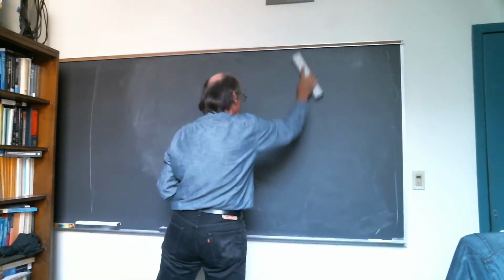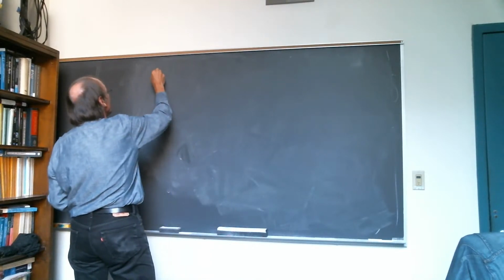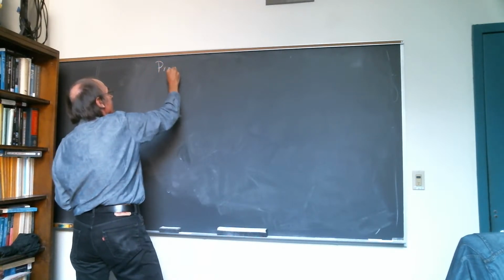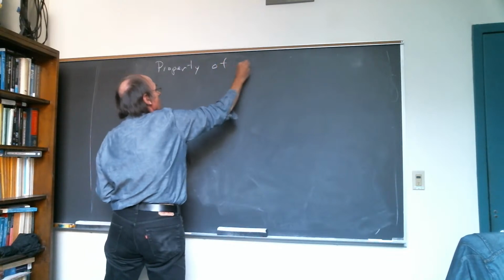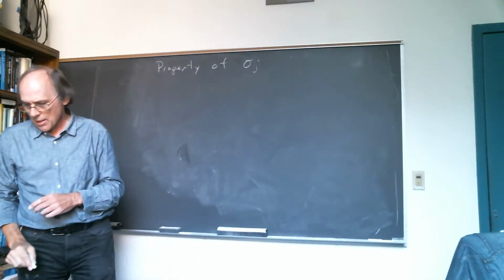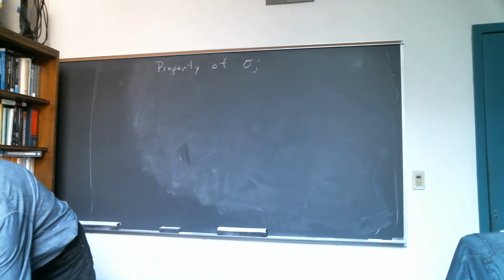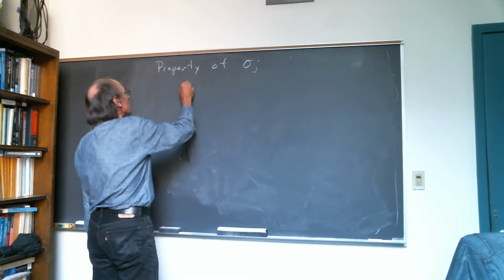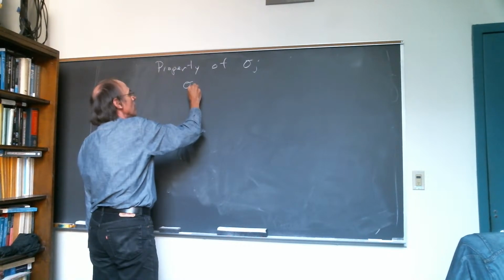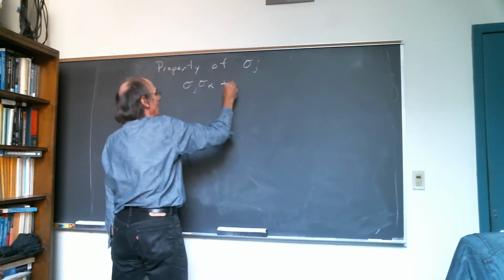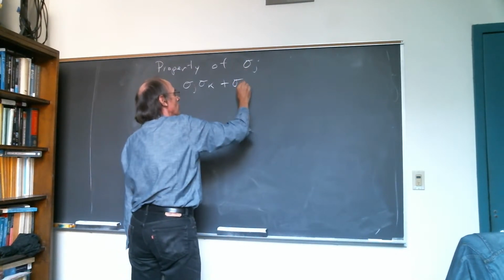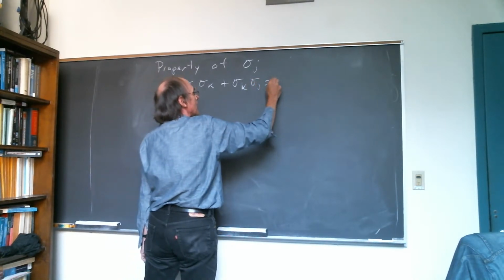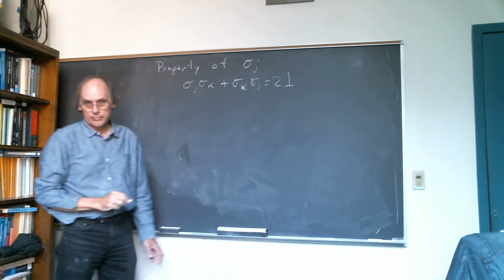So there's a first property, an important property of the sigma matrices: if you take sigma j and sigma k and add together the opposite order, you're going to get twice the identity matrix.